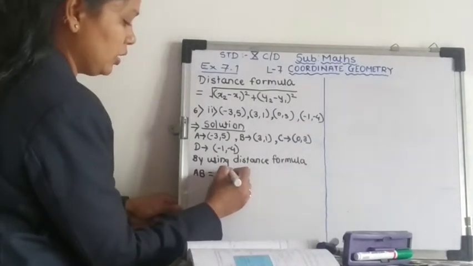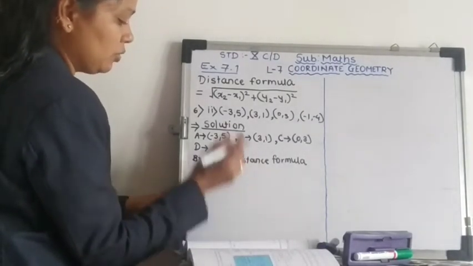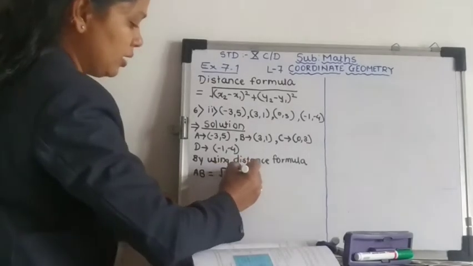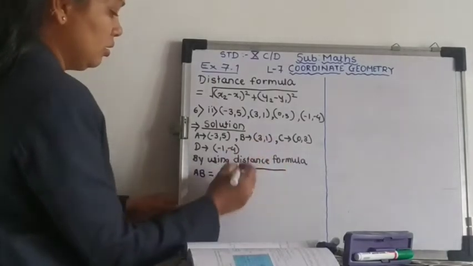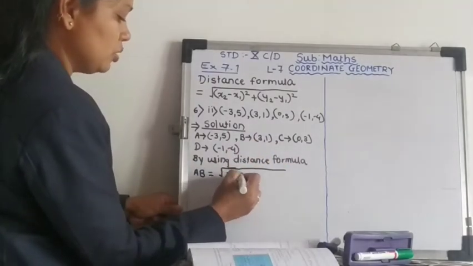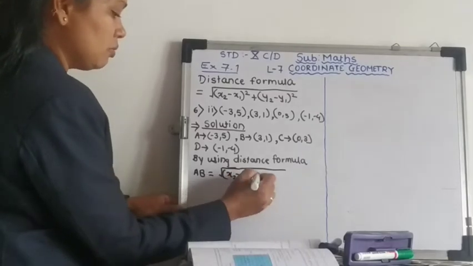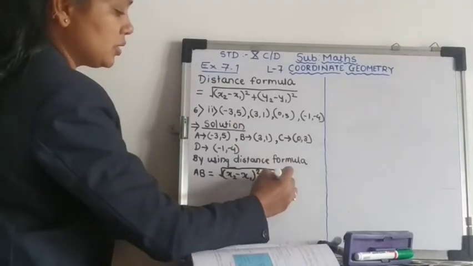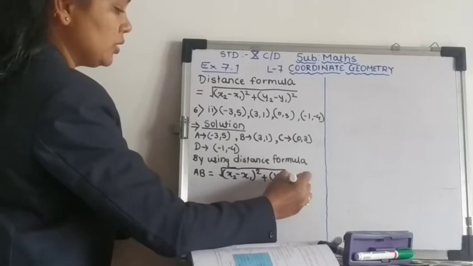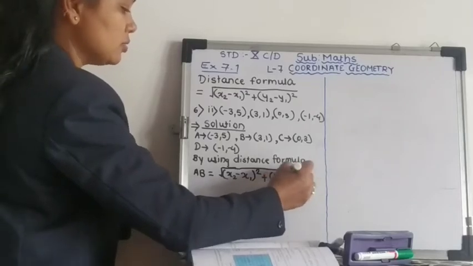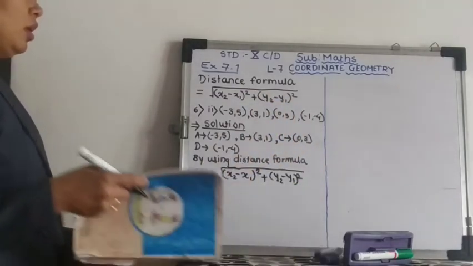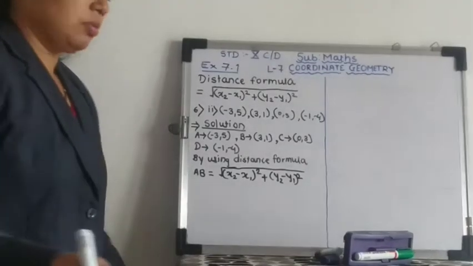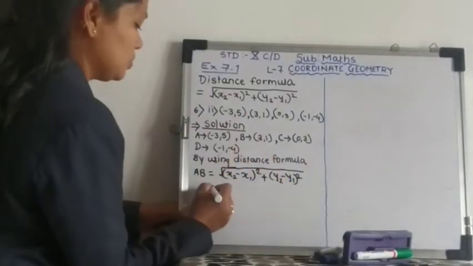For finding only one distance, write the formula in the beginning only; no need to write it again: square root of (x2 minus x1) whole square plus (y2 minus y1) whole square.